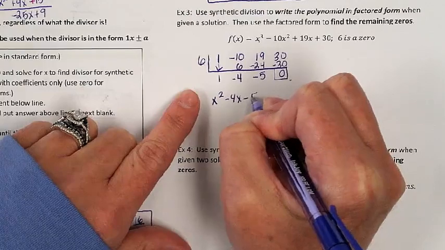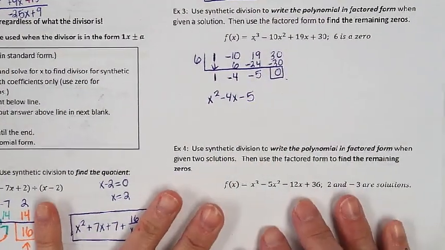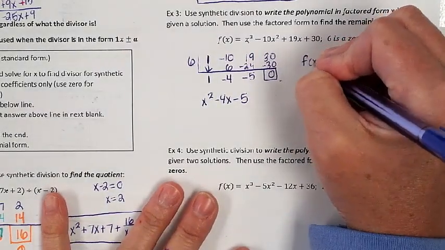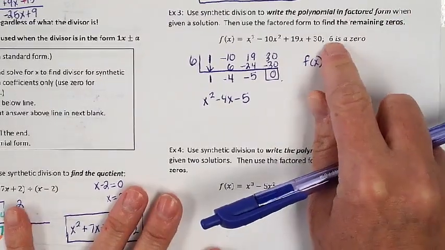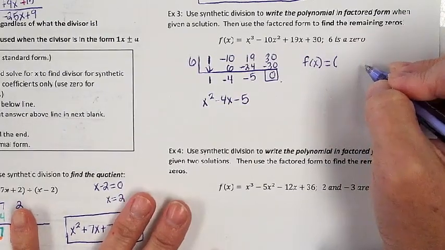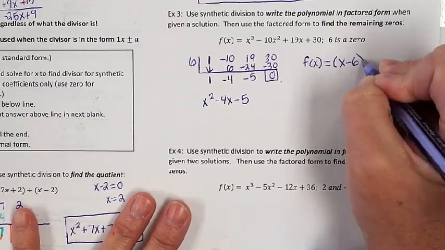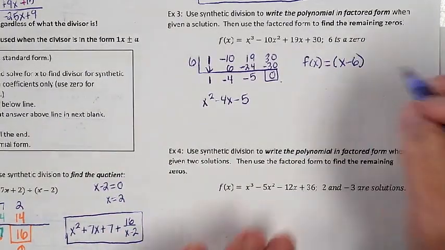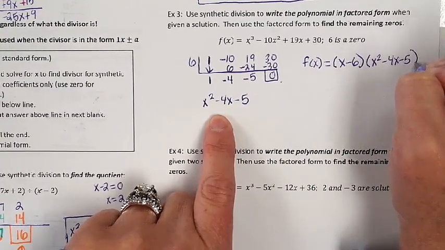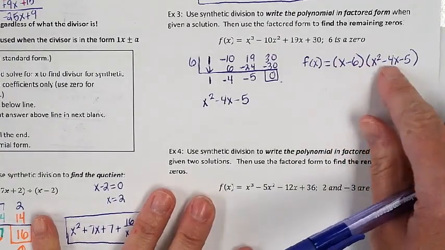So we want to write the polynomial in factored form. So we have f of x is equal to, if 6 is a zero, how would that look as a factor? x minus 6. And then we have another factor, x squared minus 4x minus 5. Now, we have to see, can we factor this? It can be factored.